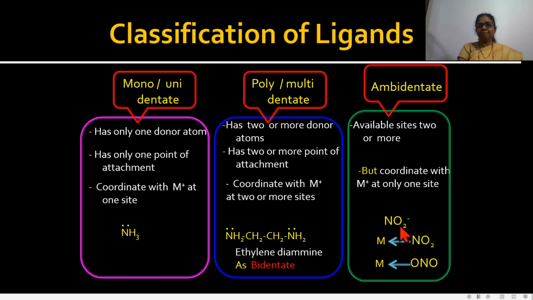Here there are two donor atoms, nitrogen and oxygen. Both are donor atoms having a lone pair of electrons. But in a coordination compound, they are coordinated with the central metal ion from nitrogen or from oxygen, only one site. This type of ligand is called an ambidentate ligand.